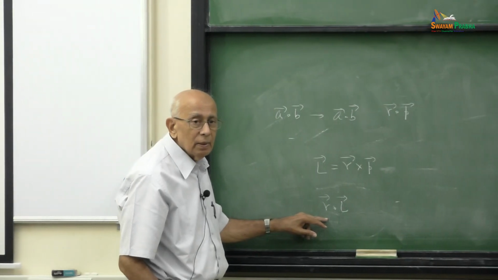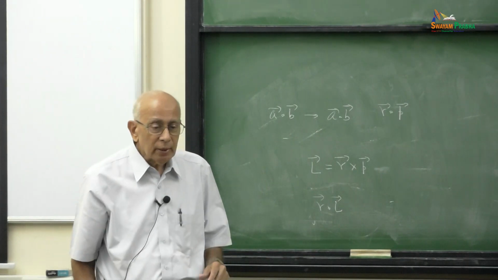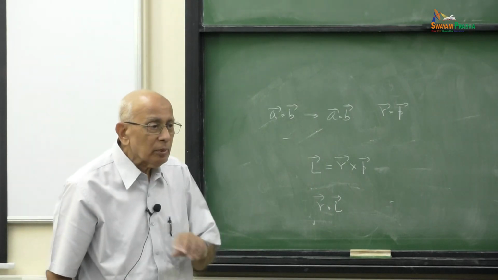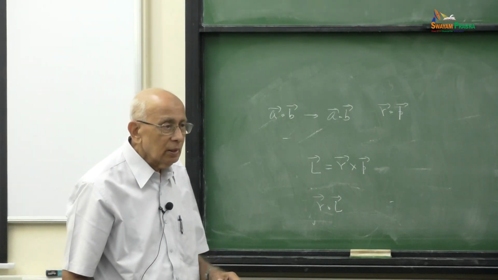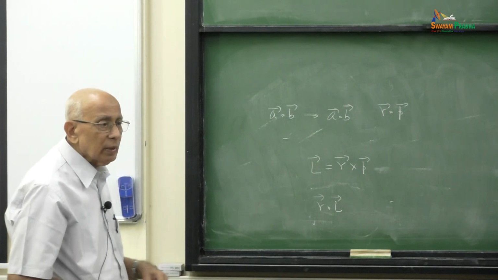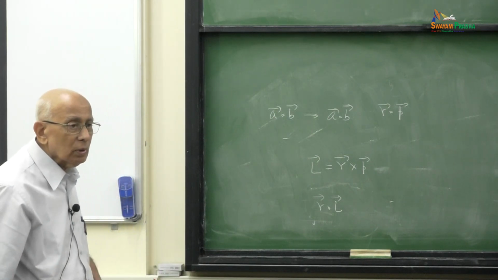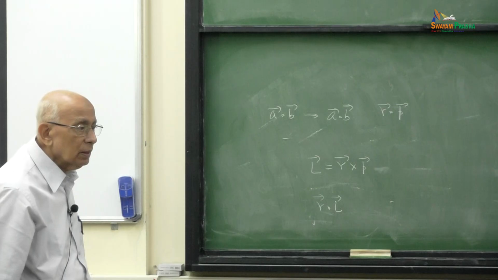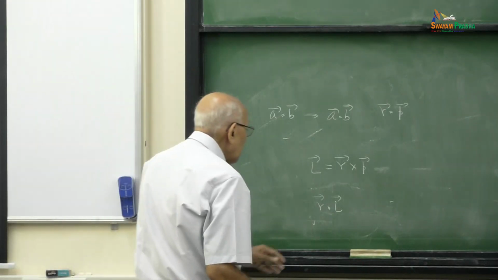Okay. So under improper transformations, the pseudo guys have the opposite property to the regular guys. So you have a pseudo scalar, pseudo vector, pseudo tensor, and so on and so forth under improper transformation. You have to ask, is the fundamental law invariant under parity or not? That's important. What does the electric current do?